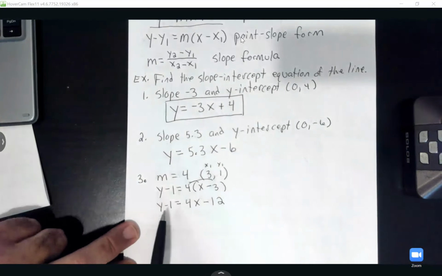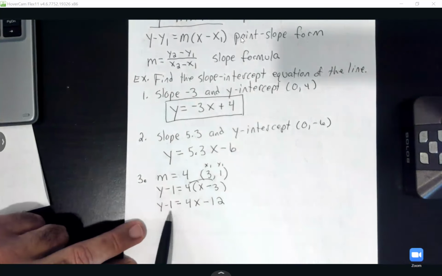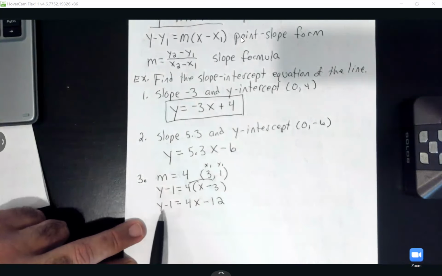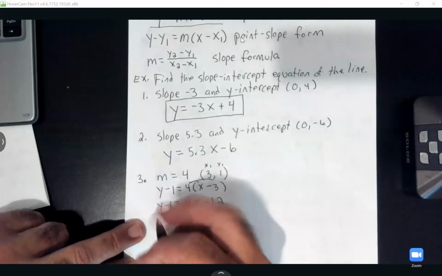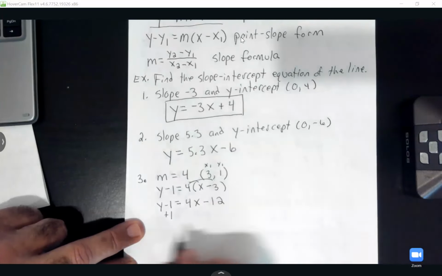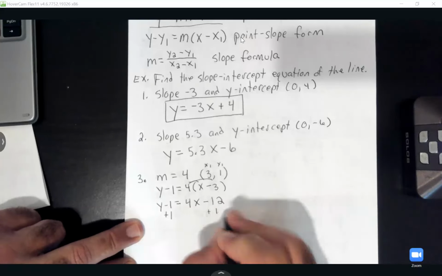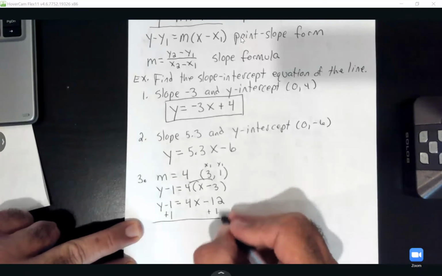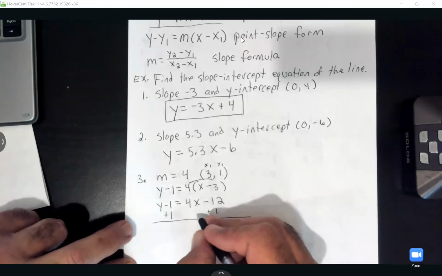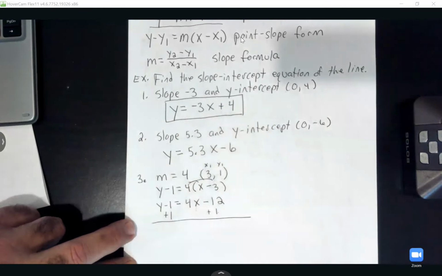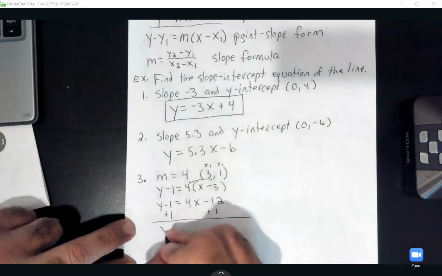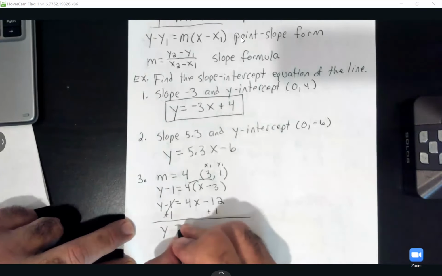So y'all, we're almost there. We just got to take care of this -1. So to make this y by itself, we're going to add 1 to both sides. And we have a number over here that we're going to add the 1 to. Because remember, this is like terms. The 1 cannot add to the x's, okay? All right, y'all, watch this. Bring the y down. Those ones cancel.